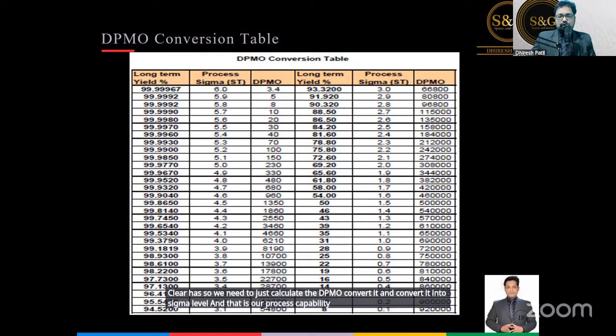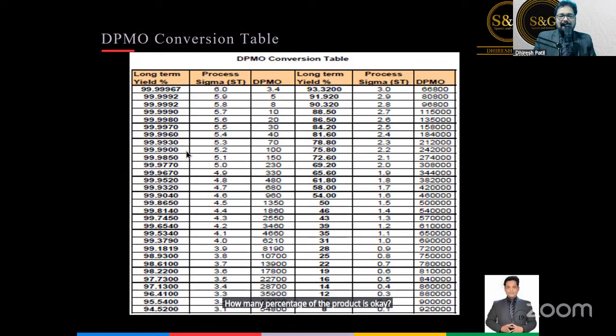Now I will give you an Excel sheet which will help you. Yeah, first pass yield is the okay product without any rework. Without any rework, how many percentage of the product is okay?